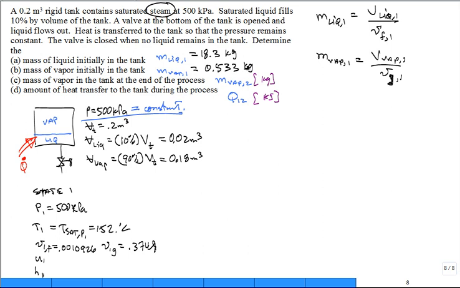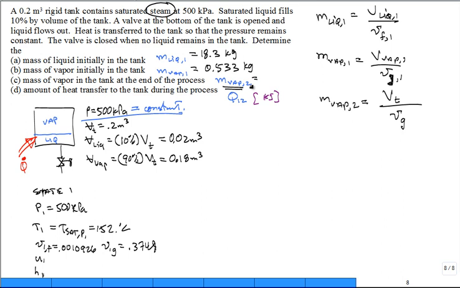Okay, the mass of the vapor in the tank at the end of the process. Ooh, we can calculate part C right away. How am I going to get the mass of the vapor at the end of the process? Well, it's going to occupy the total volume of the tank, isn't it? And is it going to have the specific volume of saturated vapor at 500 kPa? The mass of the vapor is going to be calculated to be, you know what?